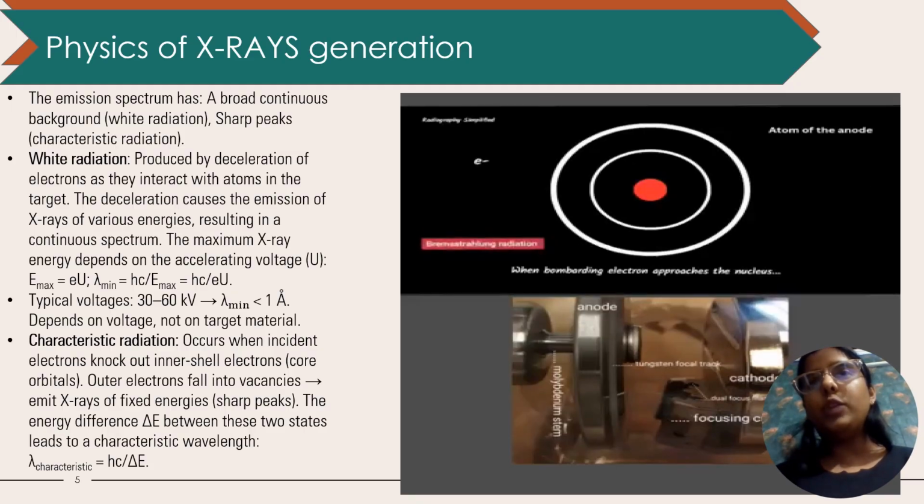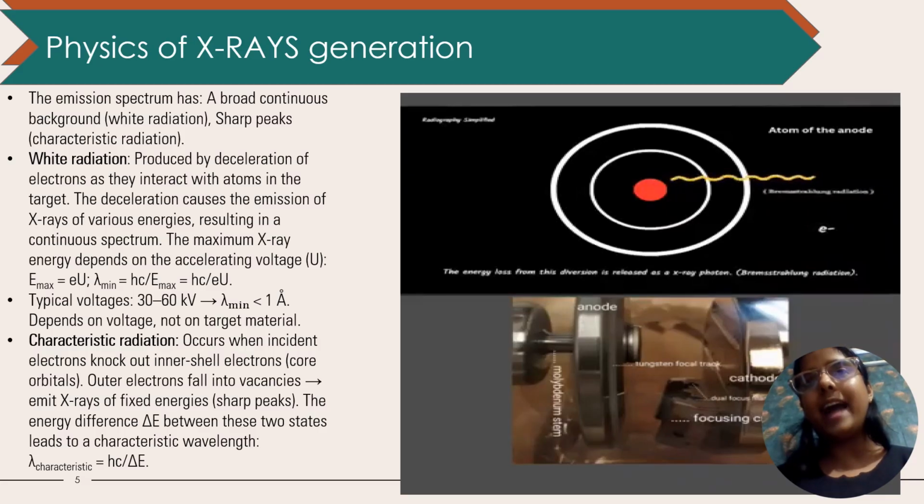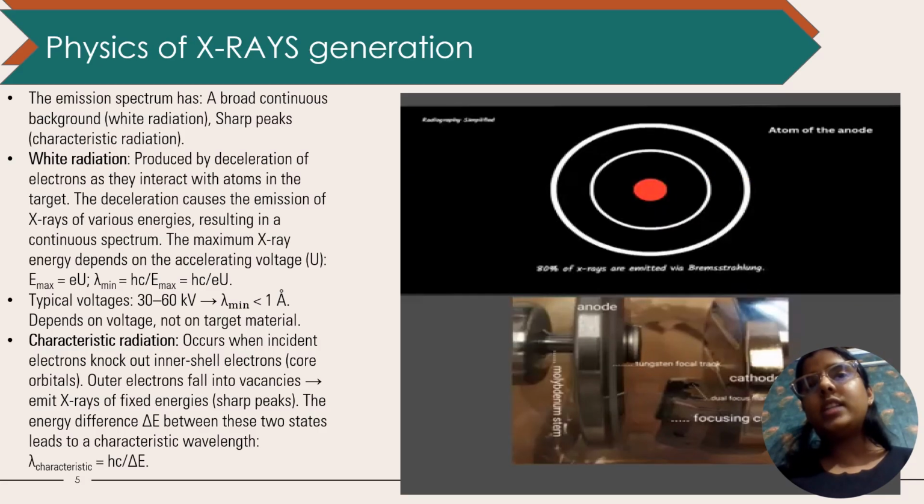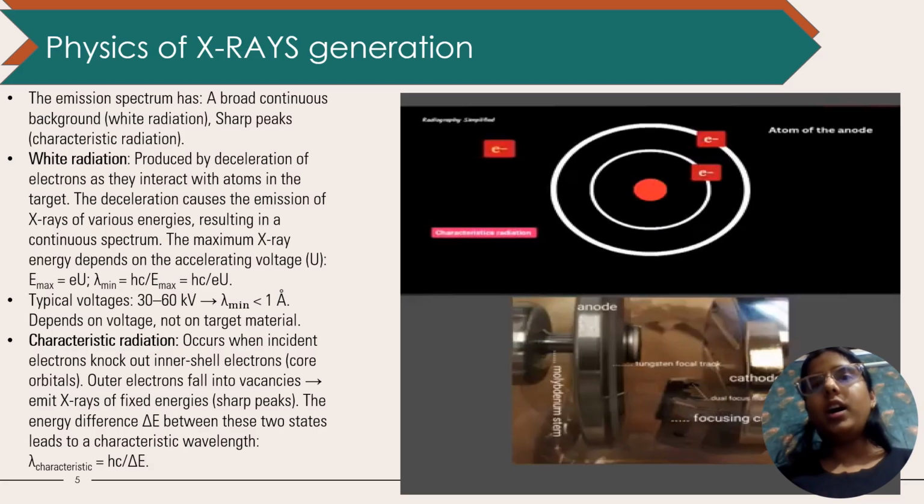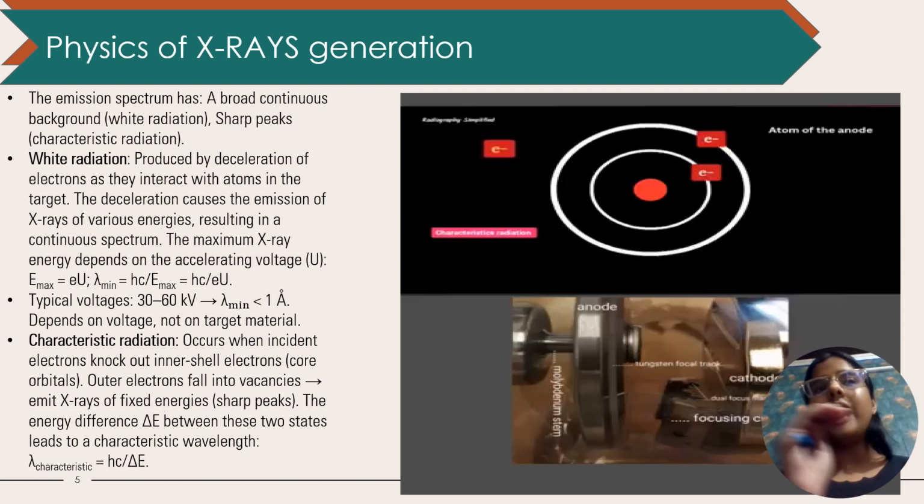So there is the nucleus and there is the outer shell electron orbit. The electron coming from the cathode is deflected as it interacts with the nucleus, its energy is decreased, and some energy is released, and that released energy is X-ray. This is the first phenomenon, giving rise to a continuous spectrum of white radiation.